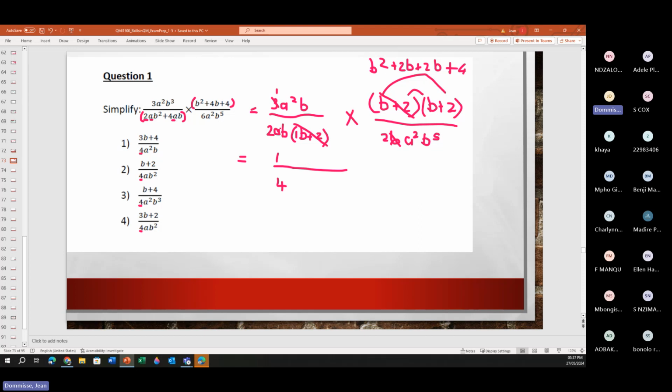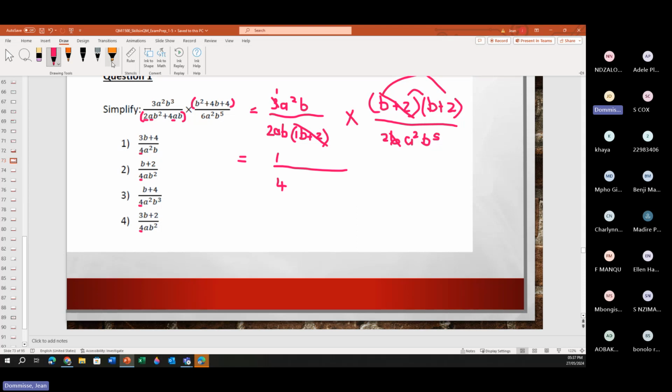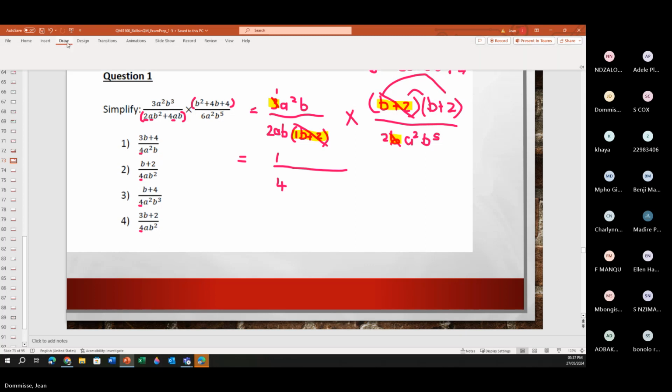We could not have eliminated anything yet. Okay, but let's just make 100% sure what we have now taken out. So that is out of the equation. That is out of the equation. That is out. And that is out. Okay.